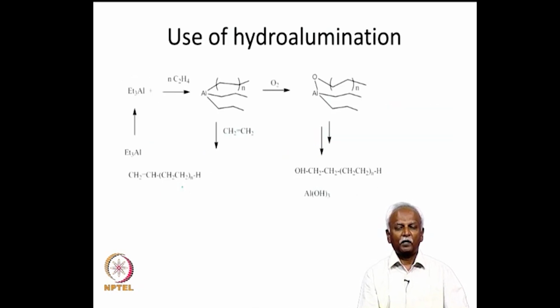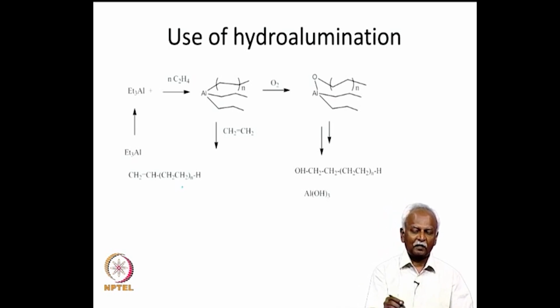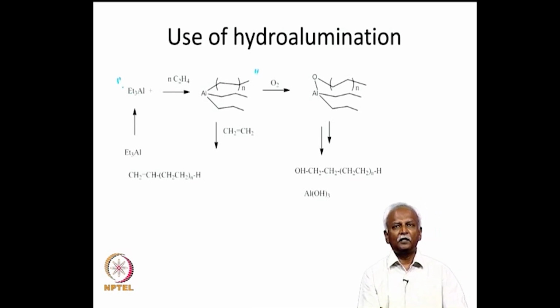So, the use of hydroalumination is extremely valuable, because you can use this growth step to keep adding ethylene groups in order to generate multiple or very long alkyl chains attached to the aluminum. And this can be done in a bulk process, so, in a batch process. So, triethyl aluminum can add on ethylene in multiple steps in order to generate linear species.